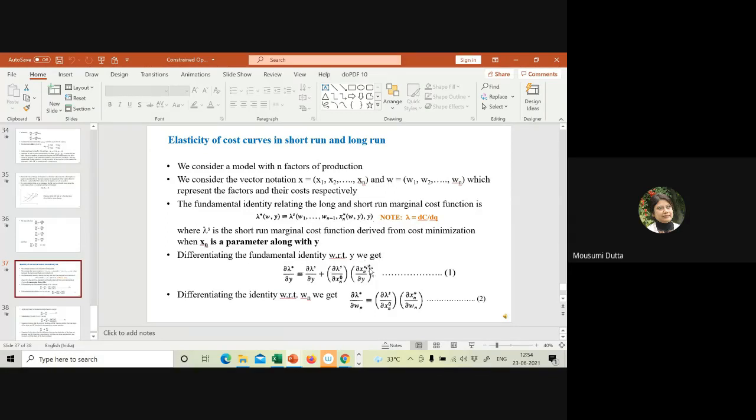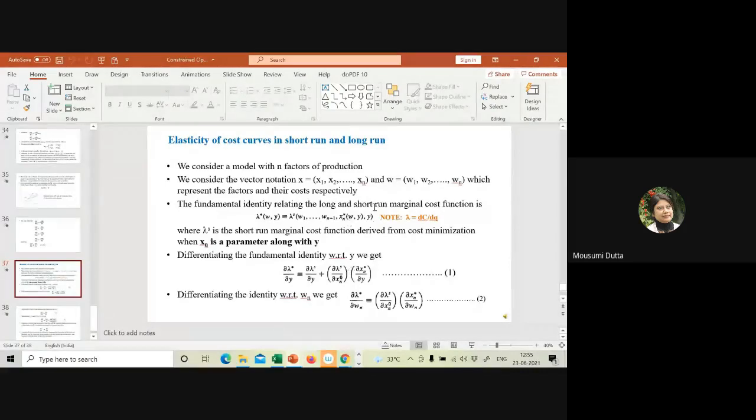Differentiating the fundamental identity with respect to y, we get this result: del lambda star by del y on the left hand side. Here, del lambda s by del y plus del lambda s by del xn into del xn star by del y. So please check whether you are understanding this derivative format, whether you are understanding equation number 1.